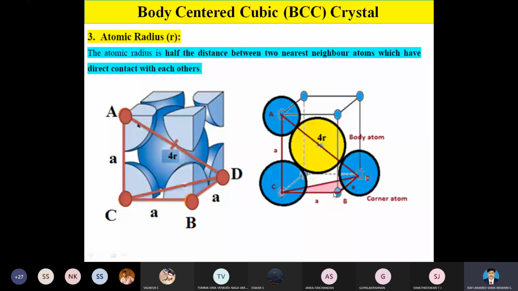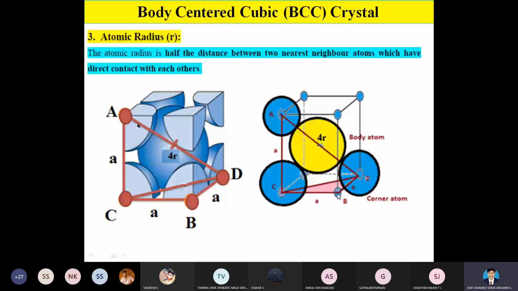We are not showing here the three-dimensional structure. If you view this BCC in a three-dimensional structure, then we can know how this atomic radius is measured. But here, in a simple way, we are giving the construction just to know how the atomic radius is measured and which atoms are considered to measure it. So I have mentioned A, D, C and B: A corner atom, D corner atom, C corner atom and B corner atom.